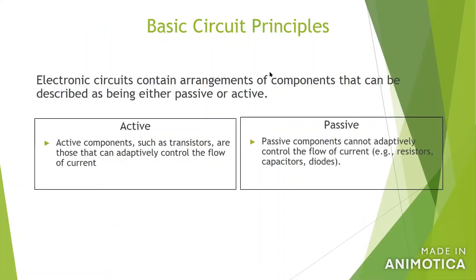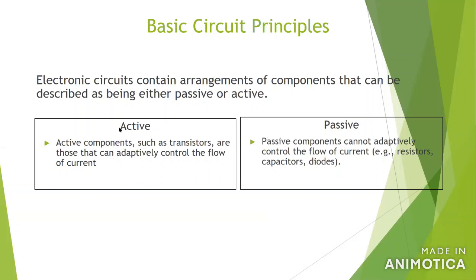All right, so after I introduced the two kinds of circuit analysis devices, the DMM and the oscilloscope, let's go into the basic components and basic circuit principles. For circuits, there are usually two kinds of components: active components and passive components.